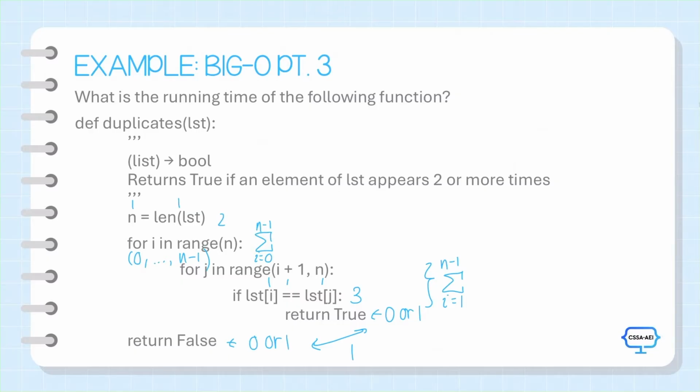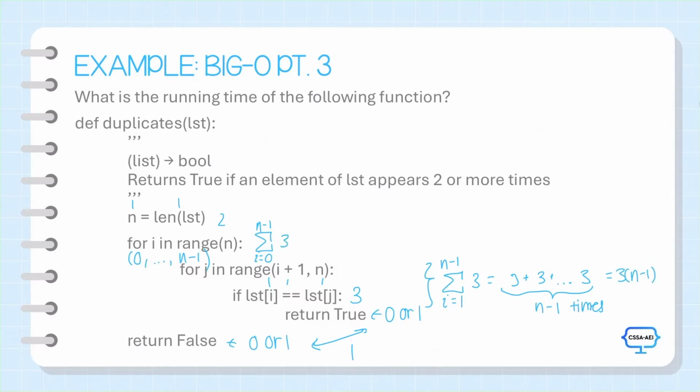Okay? And each time it's going to be 3 operations, so that's 3 plus so on and so forth, which is going to be n minus 1 times. Okay? So this is 3(n minus 1).